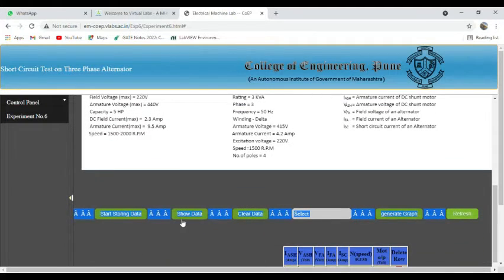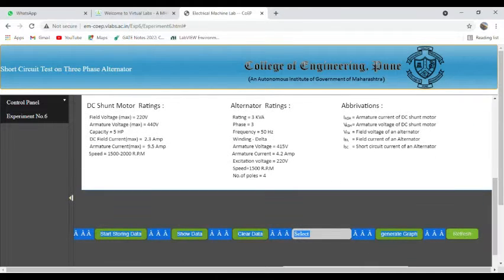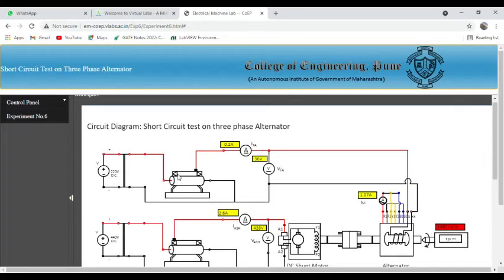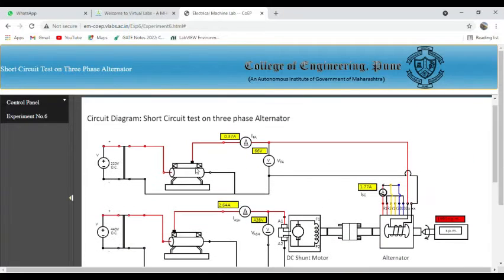Here I am slowly increasing the rheostat value, so the field voltage reaches its rated value, and the armature rated current is 4.2 amps. I continuously store this data by clicking start storing data.